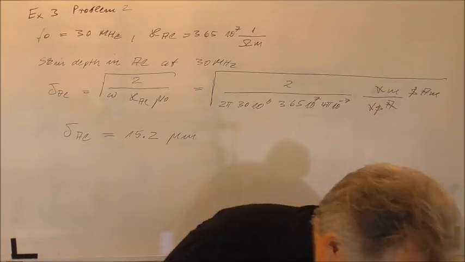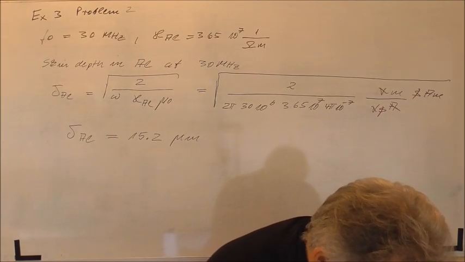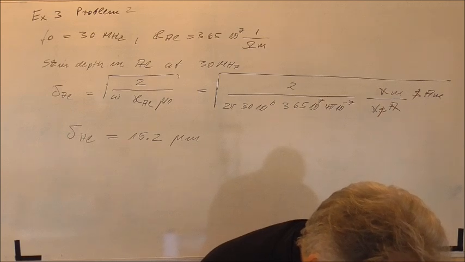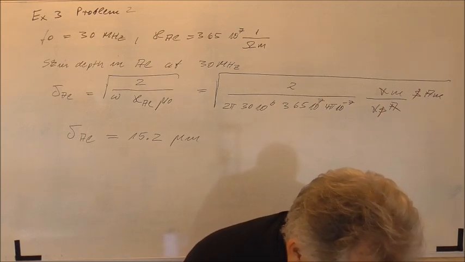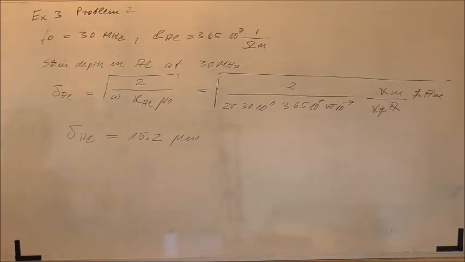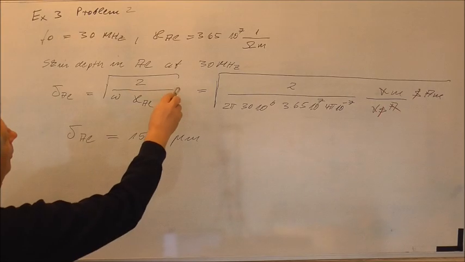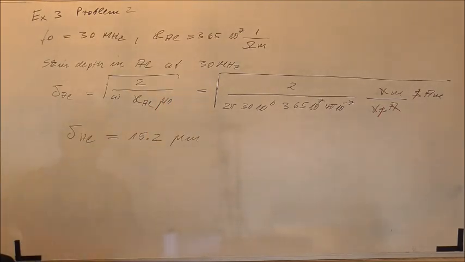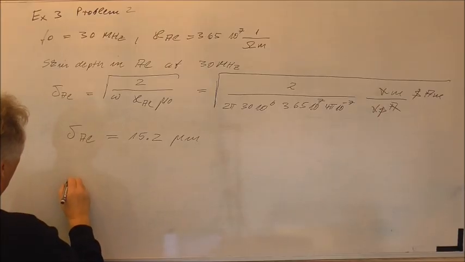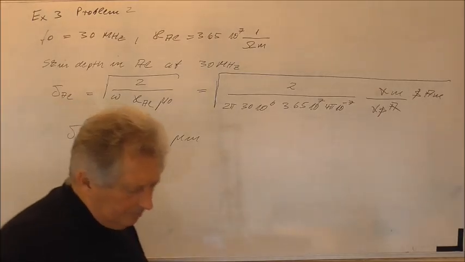And the next question here is to give it as a function of the frequency in megahertz. So you see here that the skin depth is always proportional to 1 over the square root of the frequency. So in principle I want to have this form for the skin depth of aluminium.